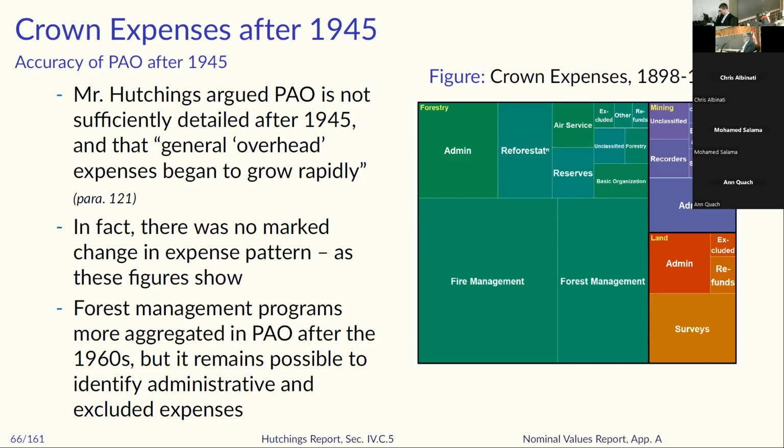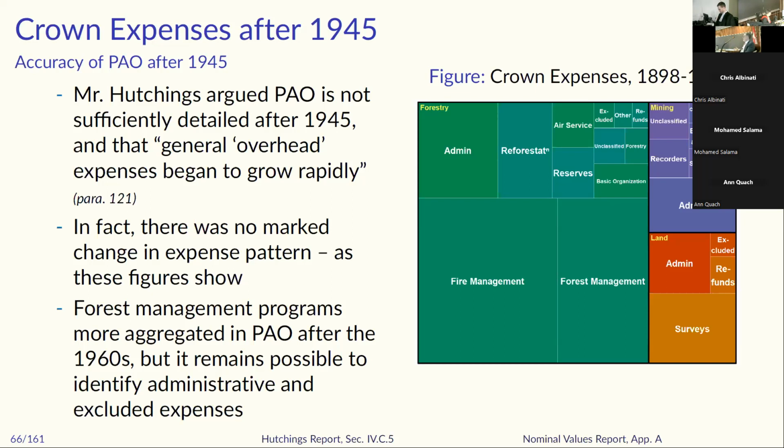So to support my claim that there was no marked change in the pattern of expenses of the ministries around 1945, I performed the same colorful block analysis of expense as before, but I'll do it now twice. Once for the period from 1898 to 1945, where Mr. Hutchings regards the data as acceptable. And then after 1945, when he regards the rise in overhead as indicating the data are not reliable.